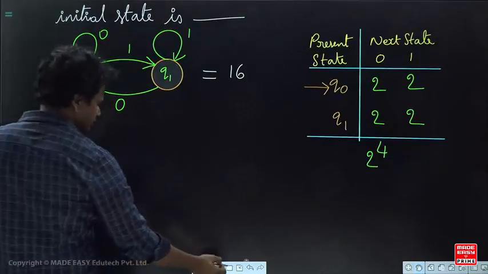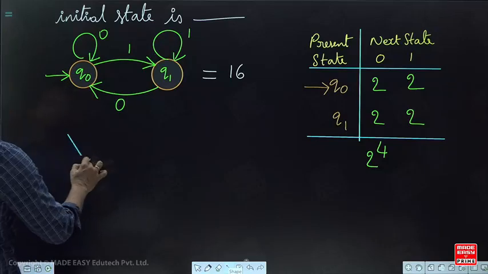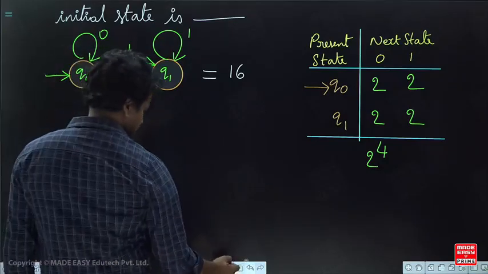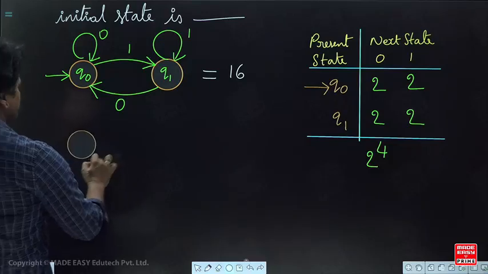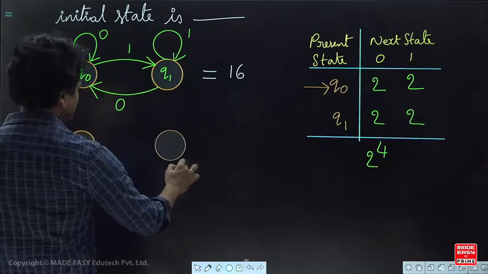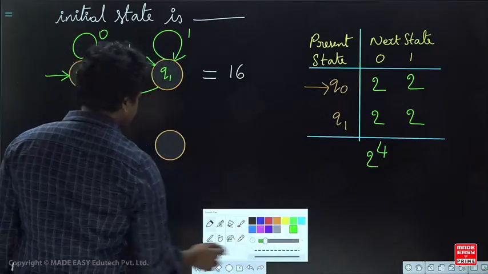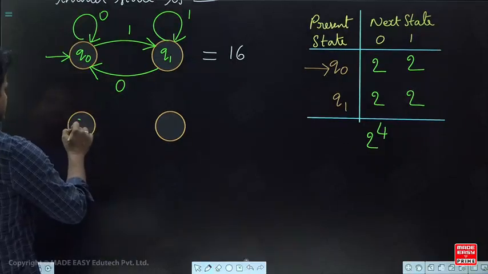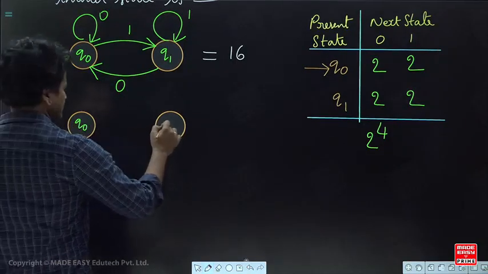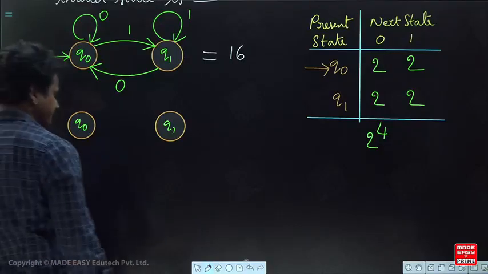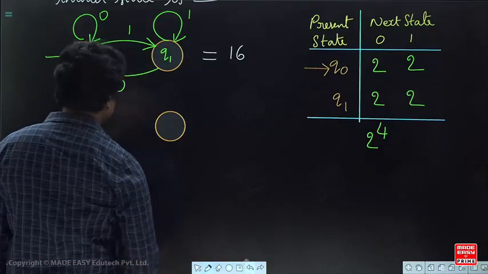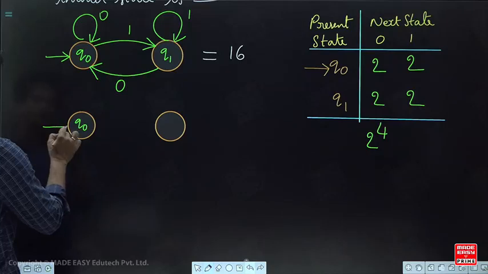Next, in the next case, Q naught is always initial.